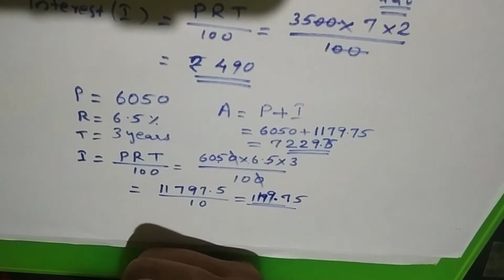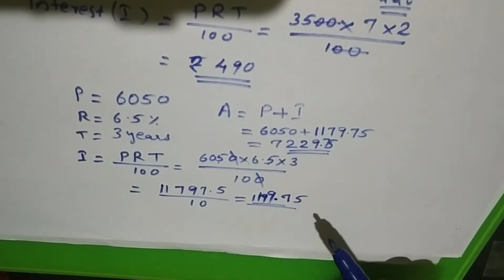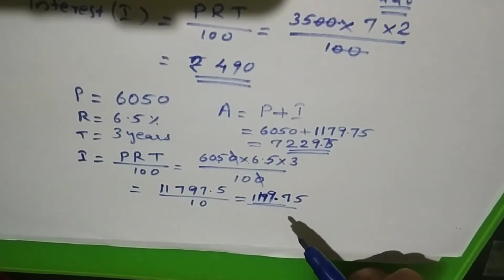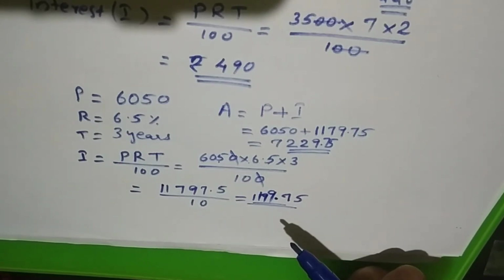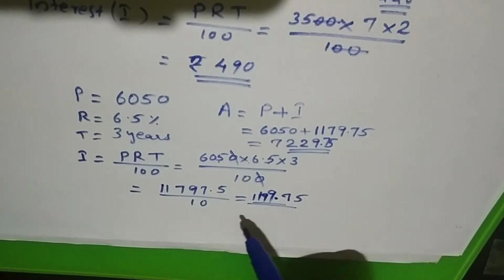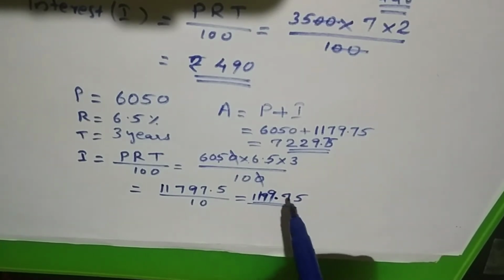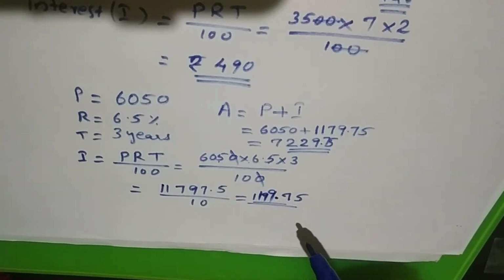Clear? This is the amount after 3 years. Principal was 6,050 and interest is equal to 1,179.75. Clear?